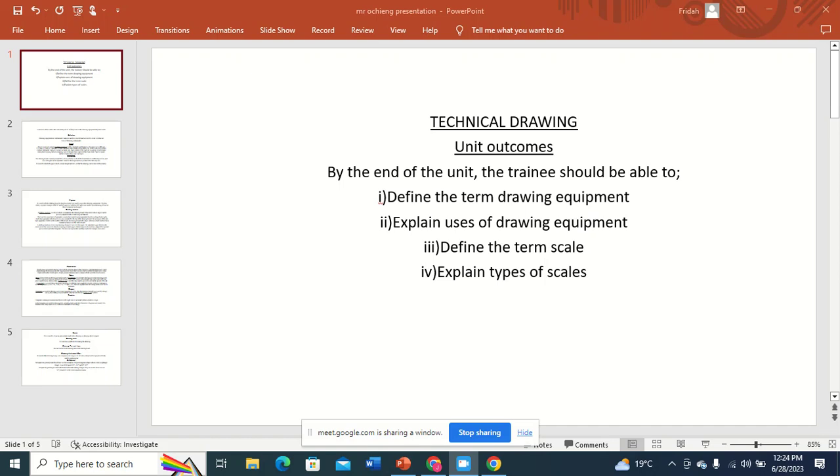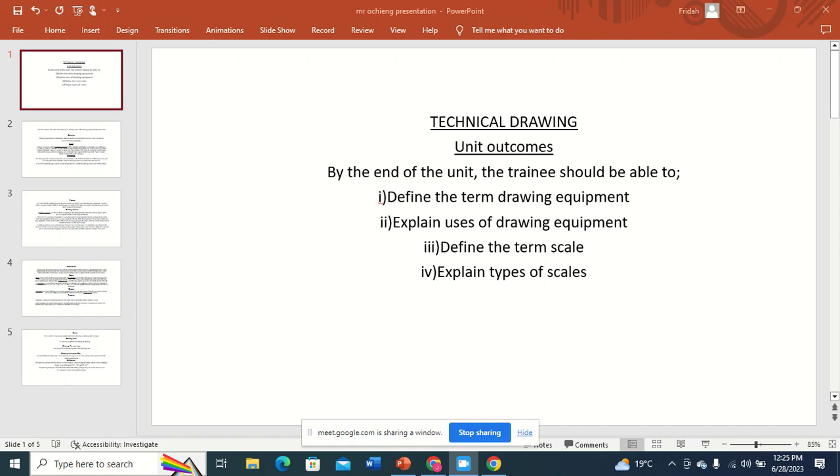So today we are supposed to define the term drawing equipment, and then explain uses of some of the drawing equipment. So who can define for us the term drawing equipment? Okay, drawing equipment are just the instruments that help us in drawing.